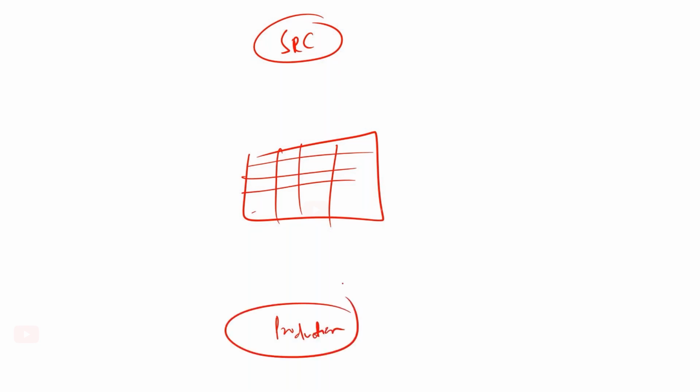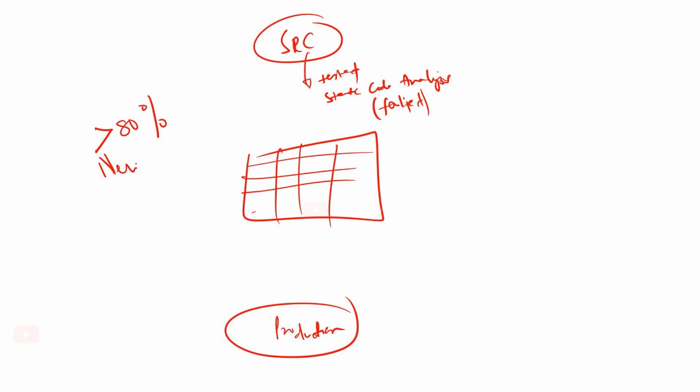You have your source code tested, you ran your static code analysis, and you said that in order to release my software to production, there should be at least 80% code coverage and there should not be any new issues, some rules you have defined.